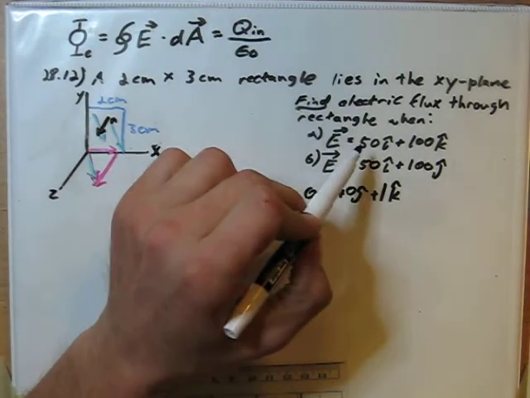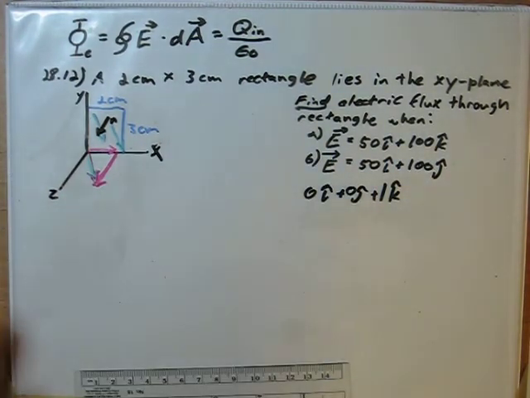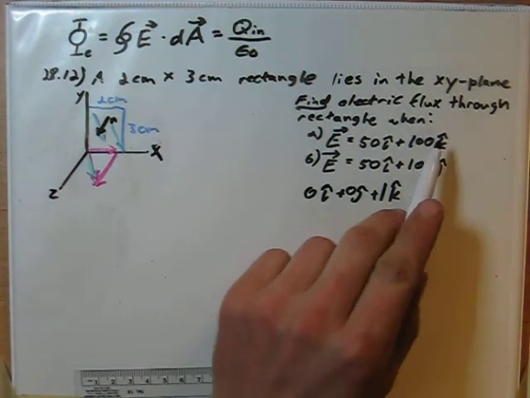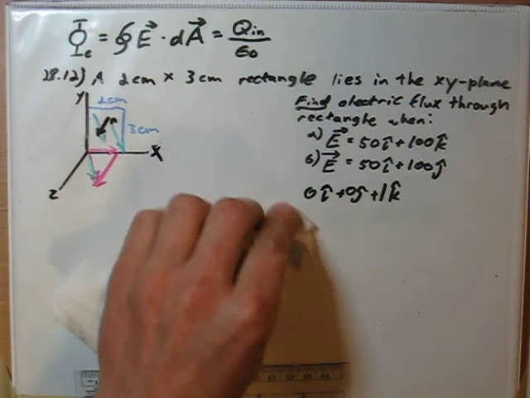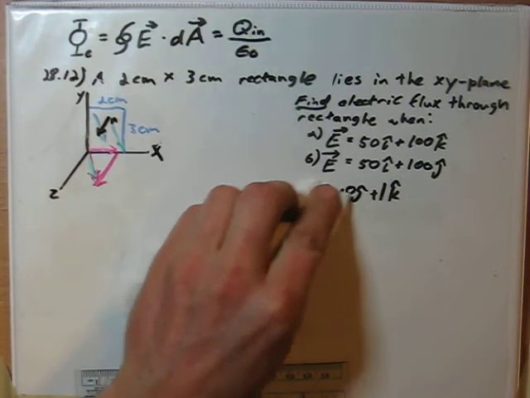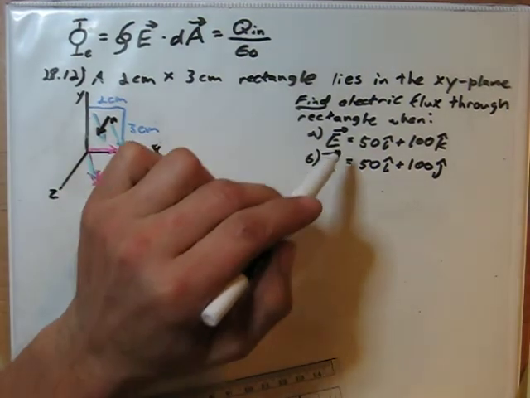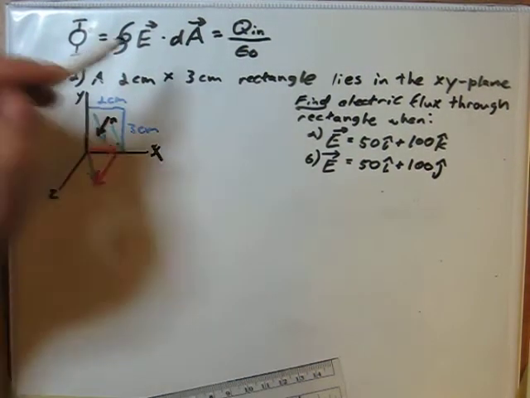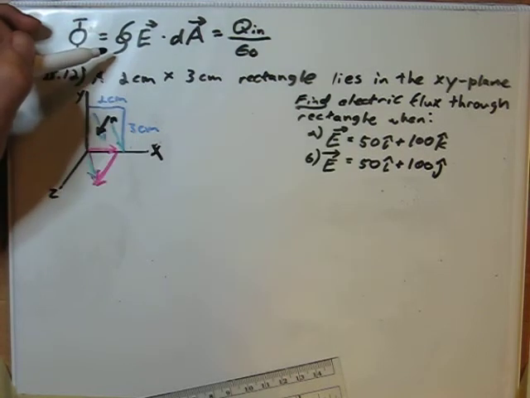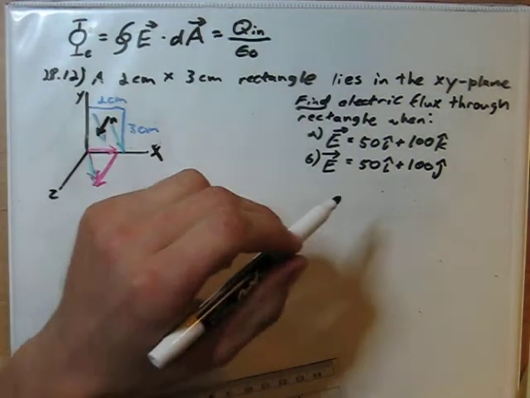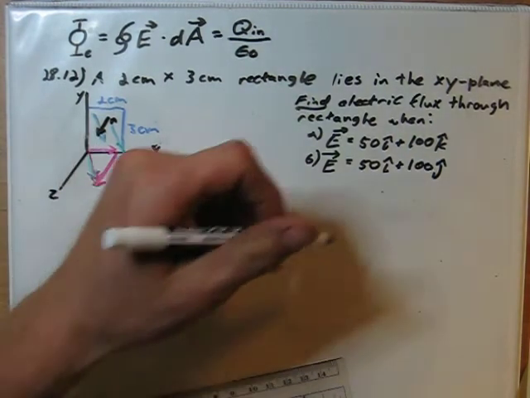So if we were to multiply 50 i hat times 0 i hat, that would just go to 0, and then after you add them all up, you would really only be left with k hat at 100. That's in newtons per coulomb, by the way, so we'll start writing that. Since E is a constant value, not a function of anything, we can move it out of the integral, understanding that we're only focusing on the normal vector to the surface.